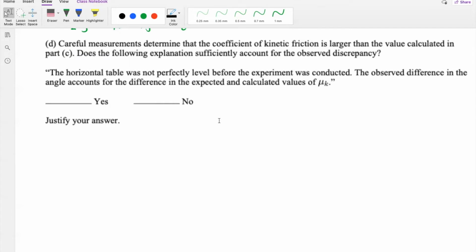Careful measurements determine that the coefficient of kinetic friction is larger than the value calculated in part C. Does the following explanation sufficiently account for the observed discrepancy? The horizontal table was not perfectly level before the experiment was conducted. The observed difference in the angle accounts for the differences in the expected and calculated values of mu_k. Do we agree? And we justify our answer.